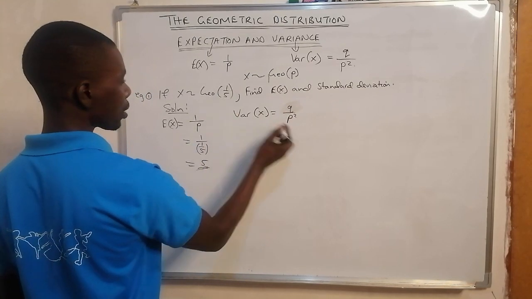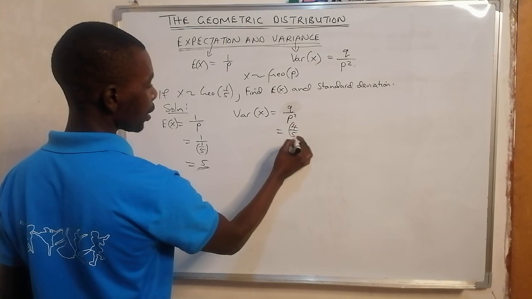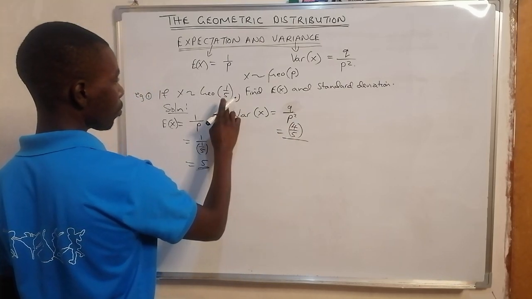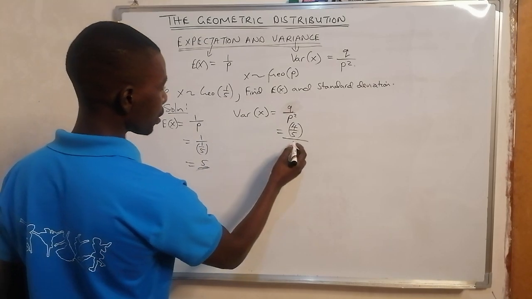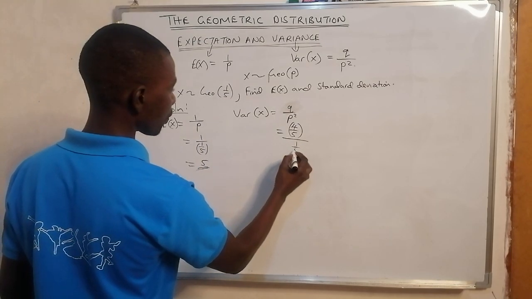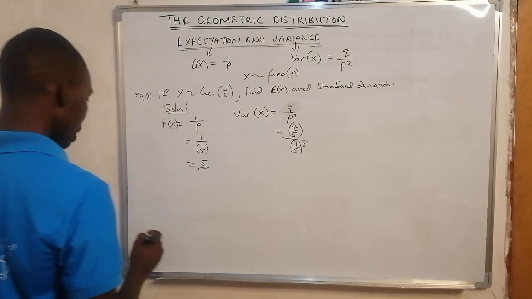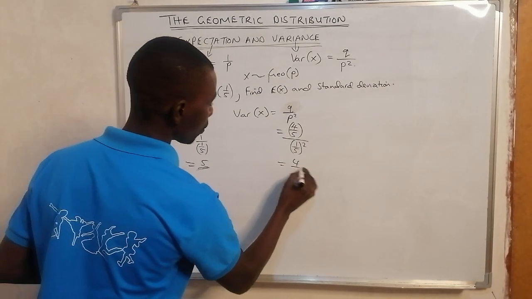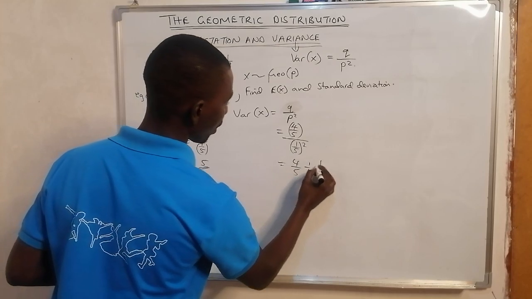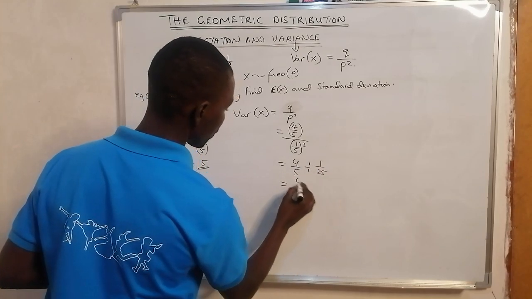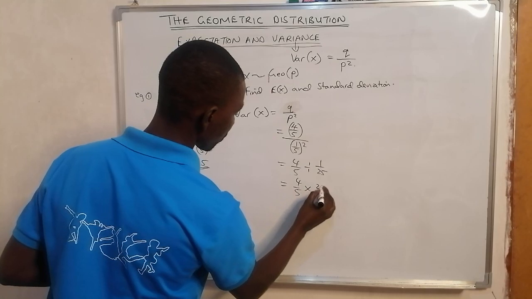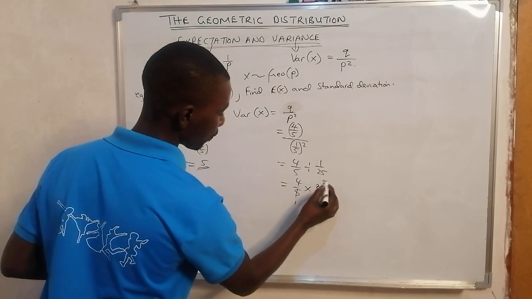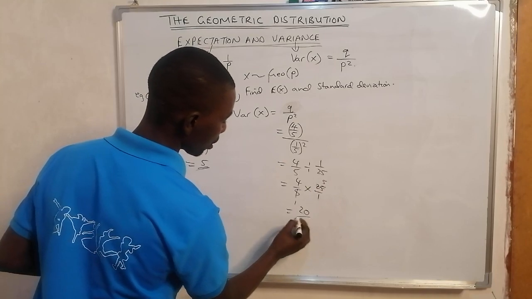Our q in this case is 4 over 5 divided by p squared, that's 1 over 5 squared. Now we have 4 over 5 divided by 1 over 25, which is 4 over 5 times 25 over 1. Then 5 into 25 is 5, which will be 20.